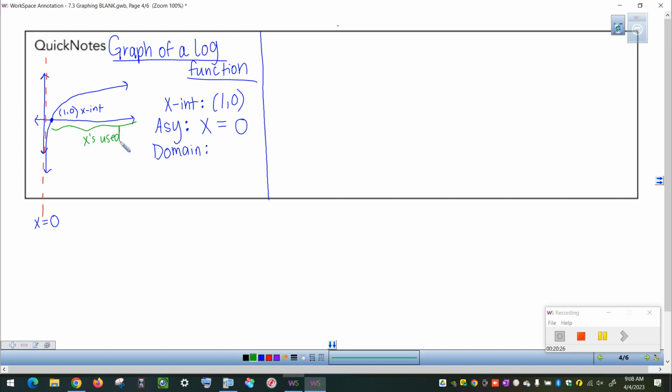We see that the x's used are only positive numbers. So we saw that our domain was just all real numbers greater than 0, which is another way to say that they're all positive. And then the range is asking about what are the y values that are used. So if we look in this vertical direction, the y values that are used is all of them. We have all the positive y values that this graph is spanning through. We have all the negative y values. So our range, describing all the y values that are used, was all real numbers.